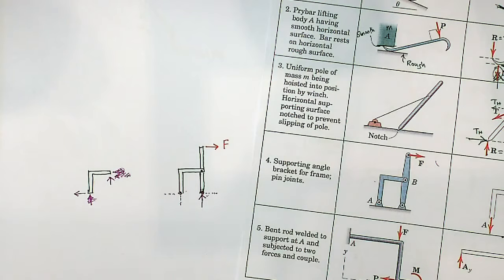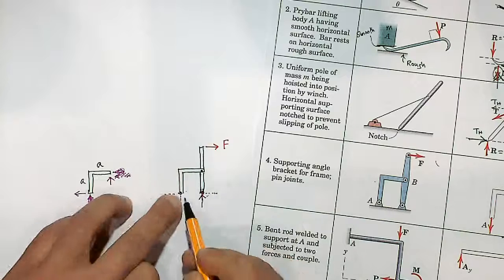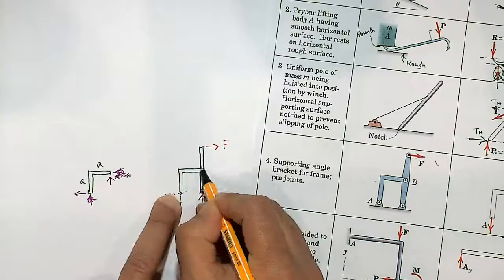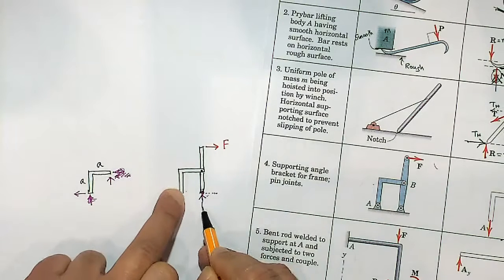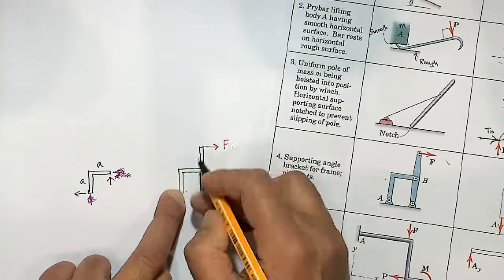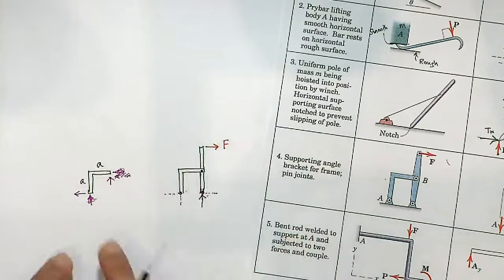Okay? And if you do a little bit of dimensioning, let's say this distance is A, that distance is also A, and this distance is also A, all the dimensions are the same. Then if this is F, the moment is F times 2A. That must be balanced by A times this reaction.